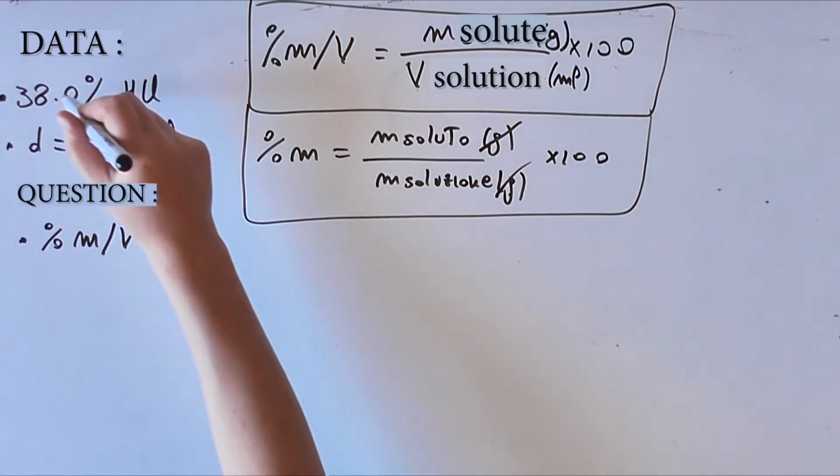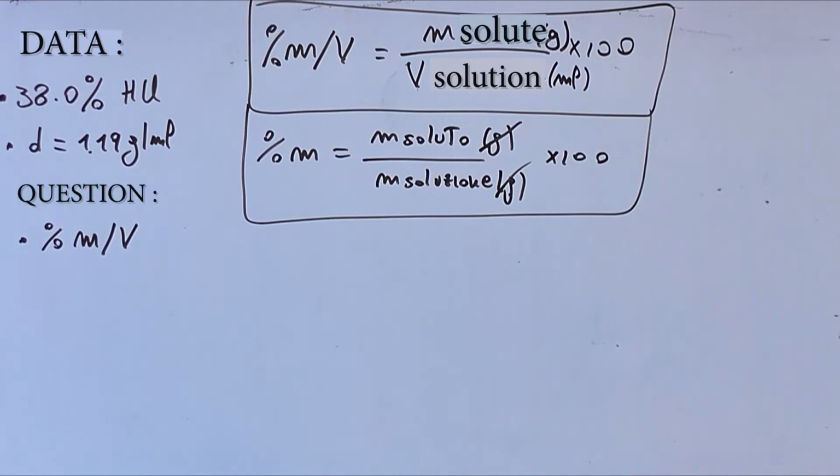So I have a 38 mass percent HCl solution, and let's pretend someone in the lab or for some publication says to me, you know, I don't like this concentration. Convert everything into mass volume percentage.